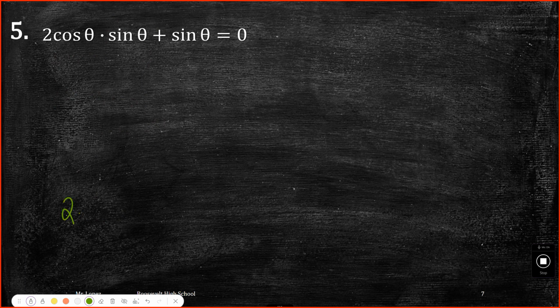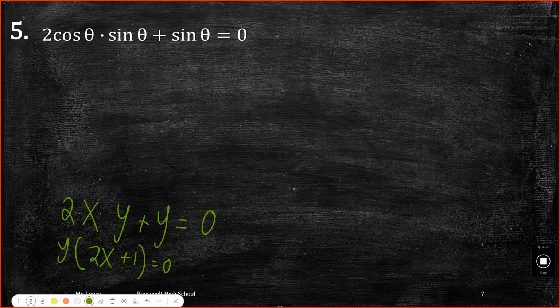If you think about it, it's just 2x, and you could think of sine theta as y, so 2xy plus y. Don't do this, but you can factor out a y. You see this algebra? This has a y, this has a y. Take out a y. 2x plus 1 equals 0, and then solve them by zero product property. That's what we're going to do.